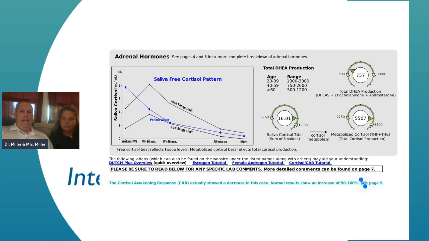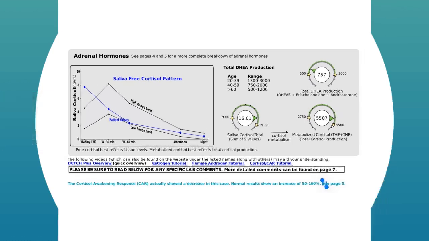So I'm going to add on here. So this is the first cortisol pattern. And what we want to see is, this should be the high and this should be the low. And so what we see with this person is that they come out of the gates as soon as they wake up, they are on fire.